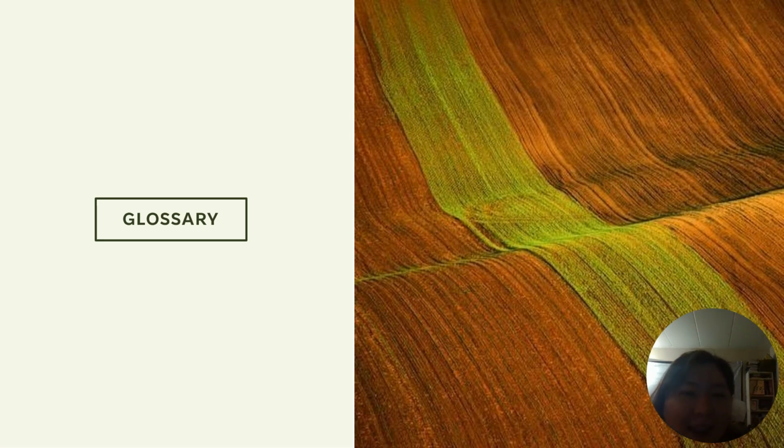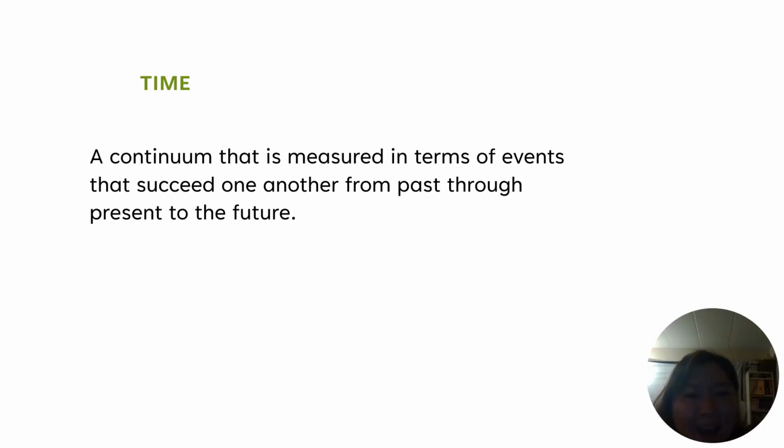Glossary. Time is a continuum that is measured in terms of events that succeed one another from past through present to future.